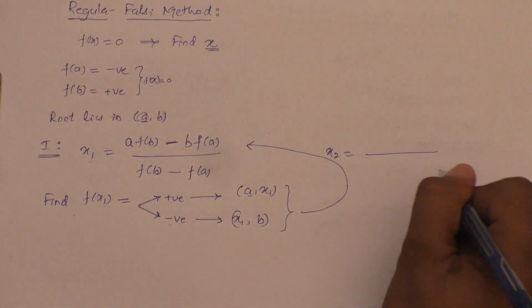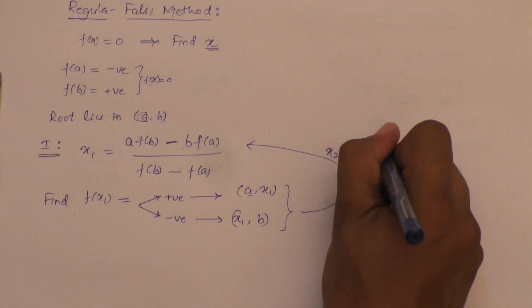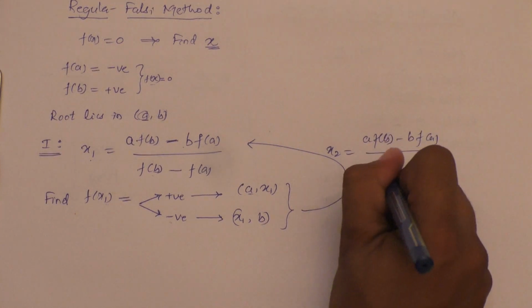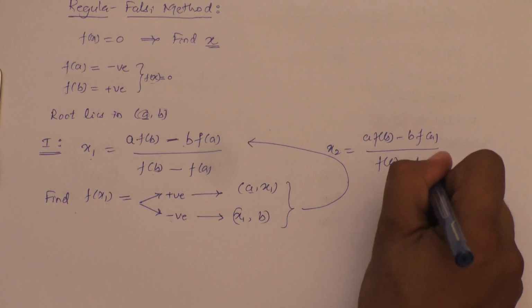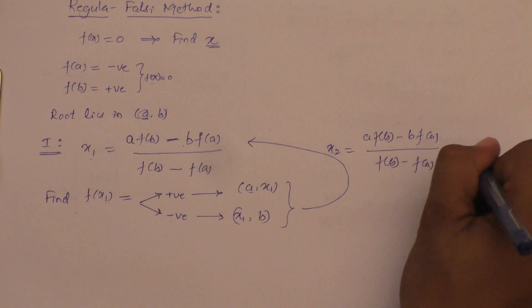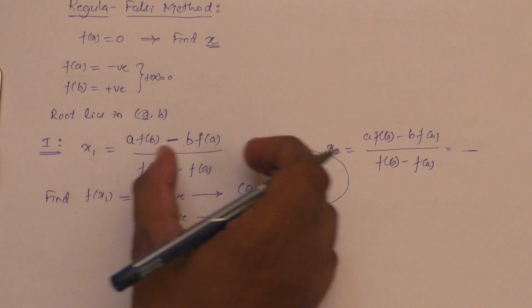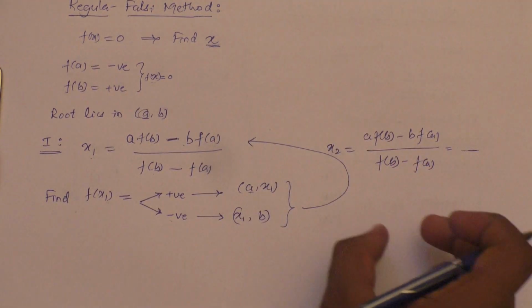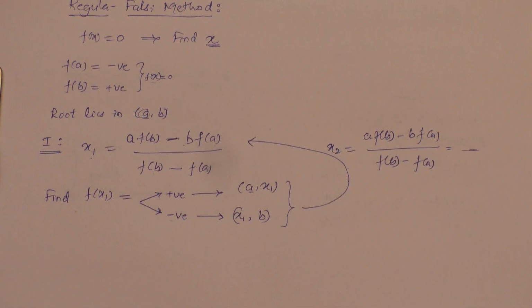Then we will get certain values. Compare x2 with x1. If they are the same, stop the iterations. If again different, you need to continue the same procedure until you get the root up to your desired accuracy.